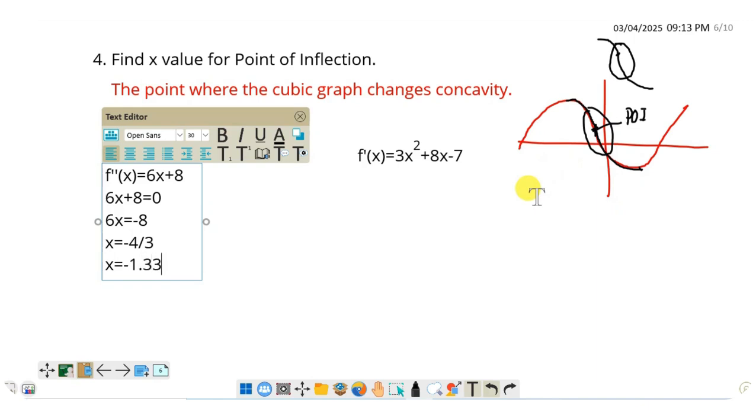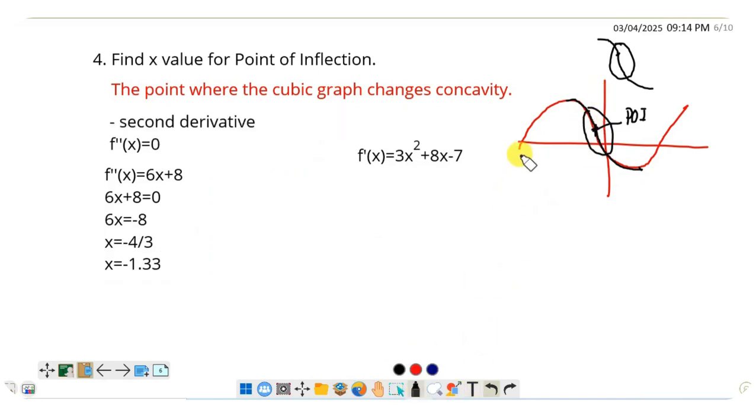But for the coordinates, we have the x-intercepts. This was negative 5, and this was 1. So the point of inflection is somewhere there, where x is negative 1.33.